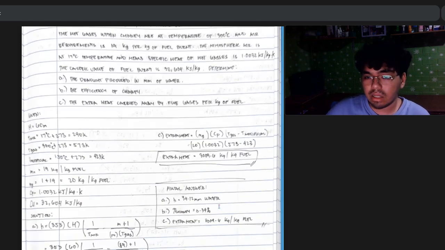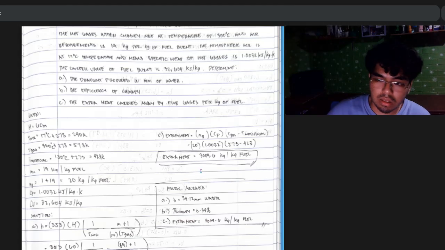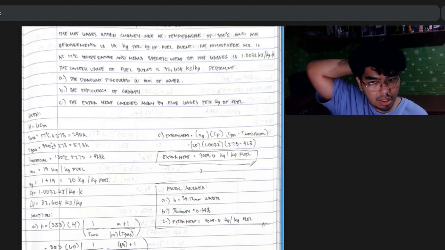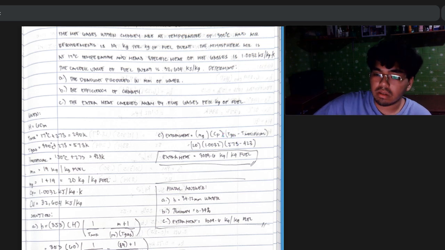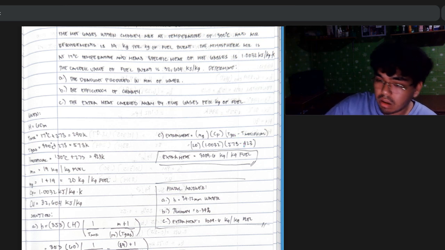And then lastly, letter C, the extra heat carried away by the flue gas. So mg times specific heat times T gas minus T artificial.